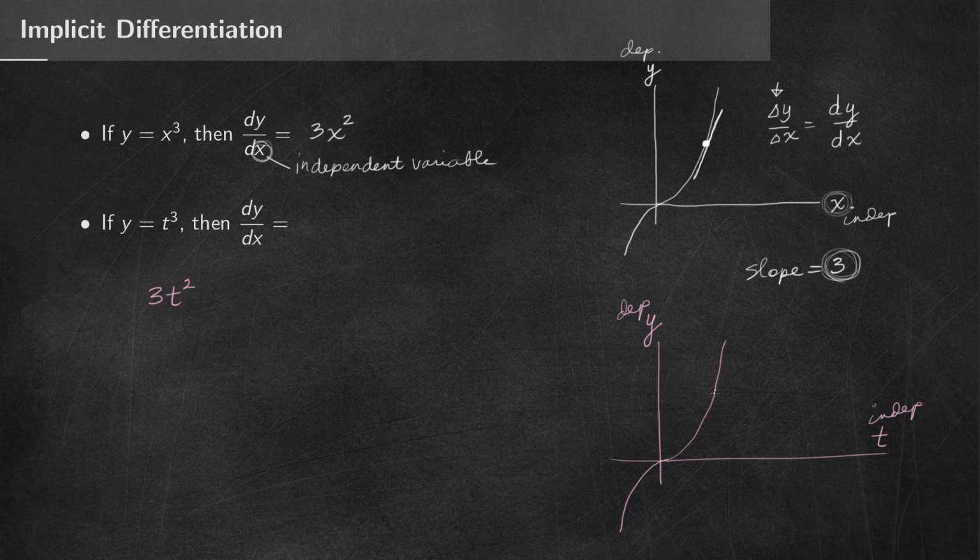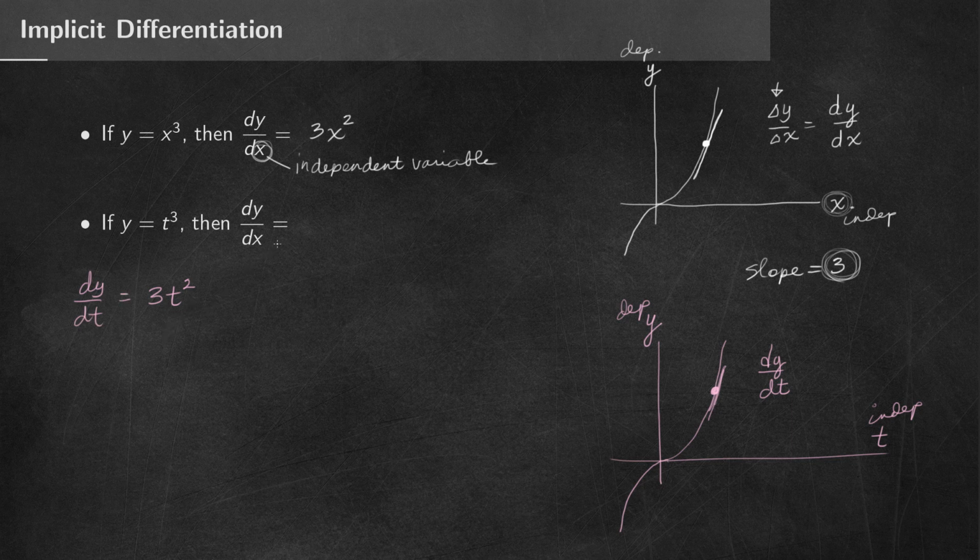So when I find the slope at a certain point here, I'm not finding dy dx, I'm finding dy dt, the change in y per change in t. So the 3t squared here is not dy dx, it's dy dt. dy dt equals 3t squared.